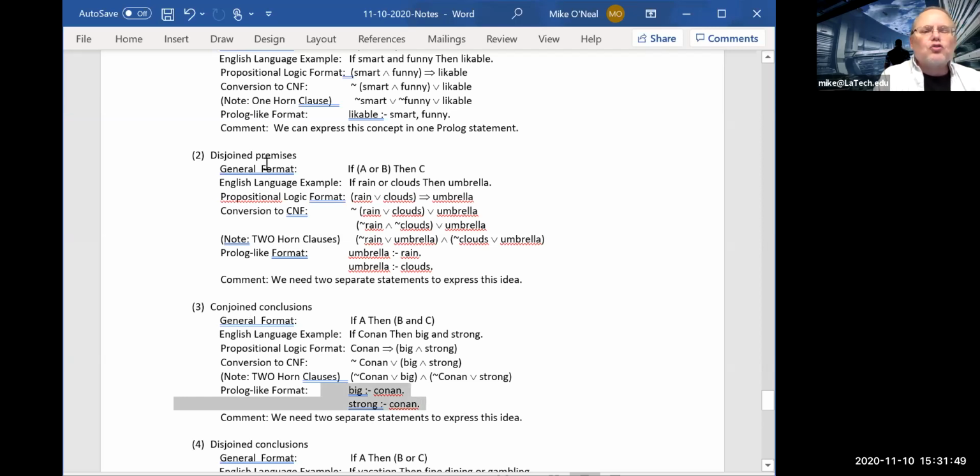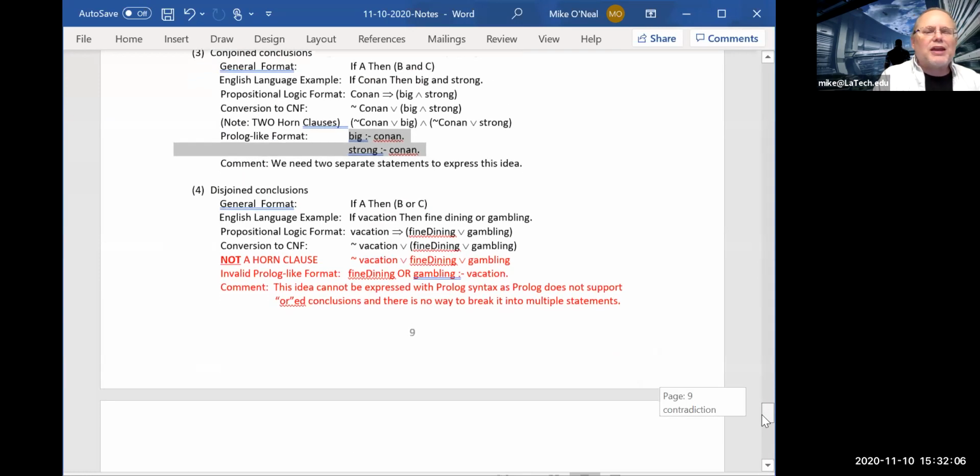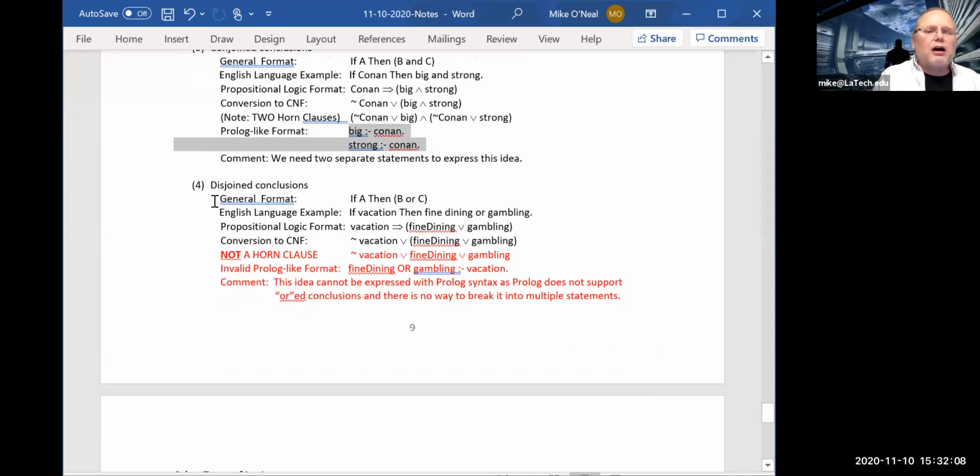So basically, if you have disjoined premises, you get two rules that have the same conclusion. If you have conjoined conclusions, you get two rules. They have the same premise, but different conclusions. And that brings us back to the one case that we can't do, which is we cannot have disjoined conclusions, because that breaks Prolog.